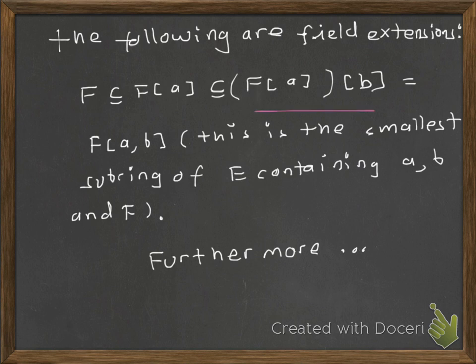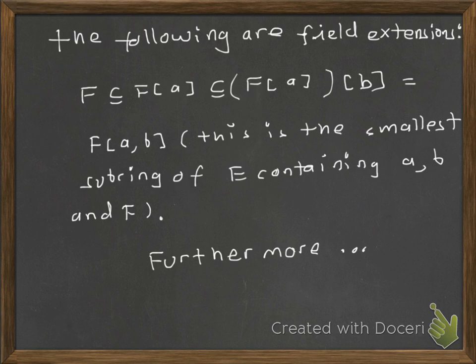Note that we denote the latter field like this. This is technically the smallest subring of E containing F and A and B, right? But in this case, it's a field too.